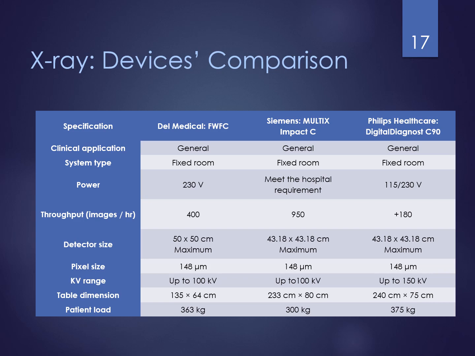The table dimension, we can see the difference. The Siemens and Philips have the same or a near size of table, and the Dell Medical has a smaller table. Patient load, the table of the Dell Medical X-ray machine can load 363 kilograms, Siemens 300 kilograms, and Philips 375 kilograms.